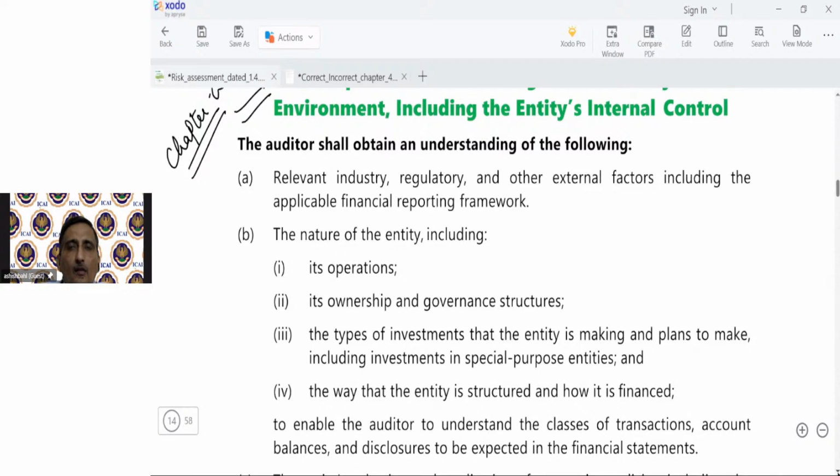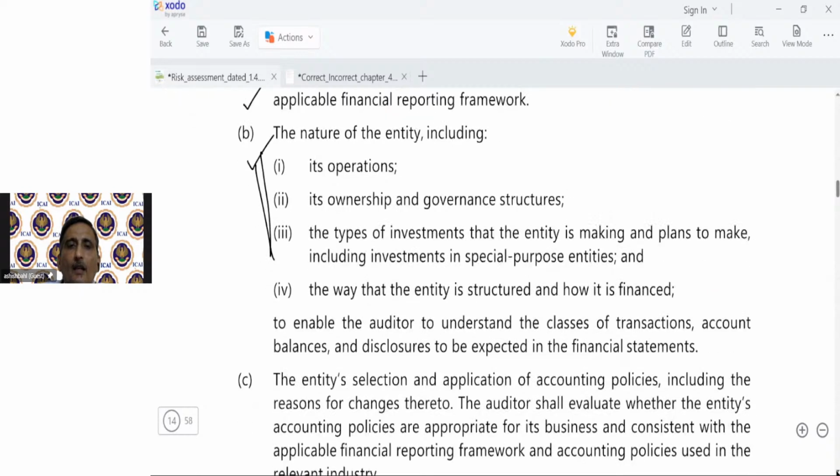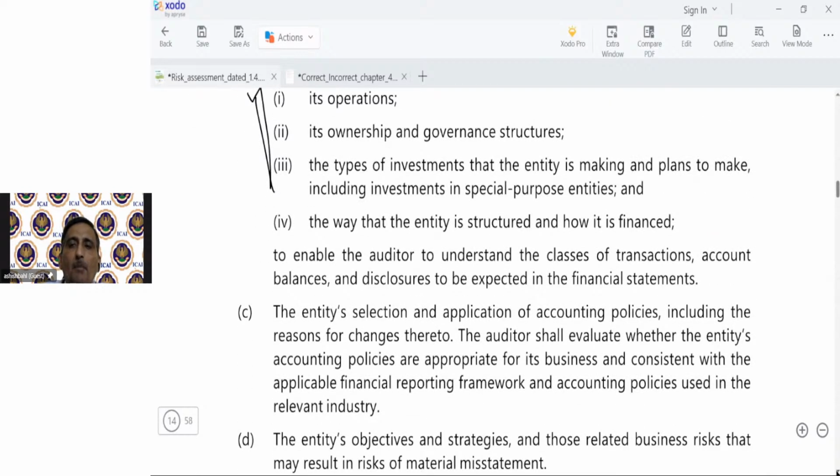While understanding the company, the auditor shall obtain understanding of the relevant industry, the regulatory factors, the laws applicable in the industry the company is working in, the nature of its operations, its ownership and governance structures, types of investments the company is making, the entity's selection and application of accounting policies.